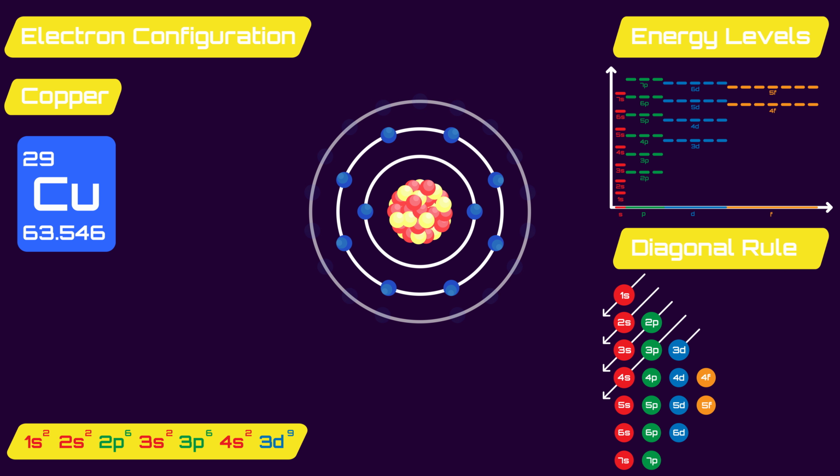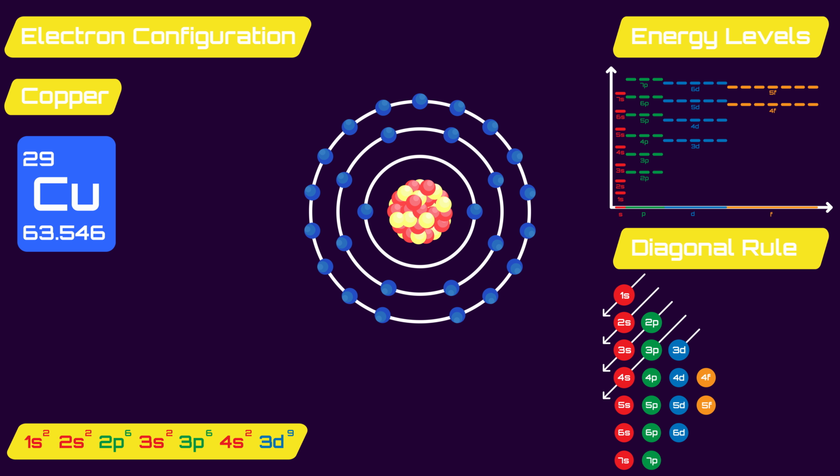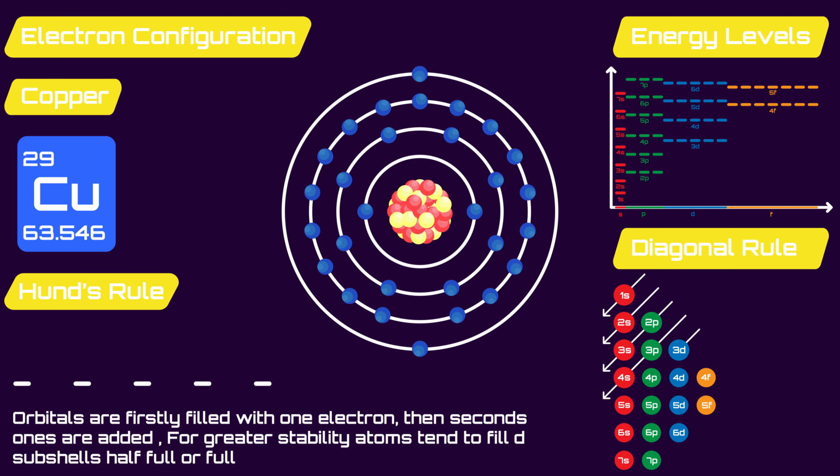The electron configuration of copper is found as: 2 electrons stay at the first shell, 8 at the second, 17 at the third, and 2 electrons stay at the fourth shell. But here is an exception that occurs in d subshells in general. Hund's rule says, while distributing electrons, fill orbitals firstly with just one single electron, then add second ones.